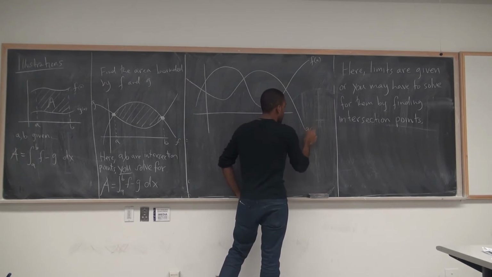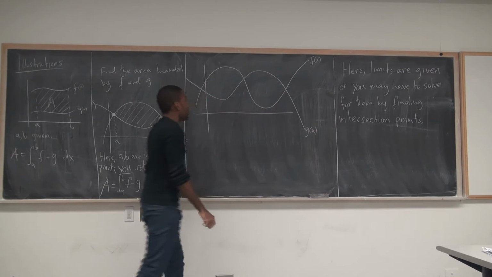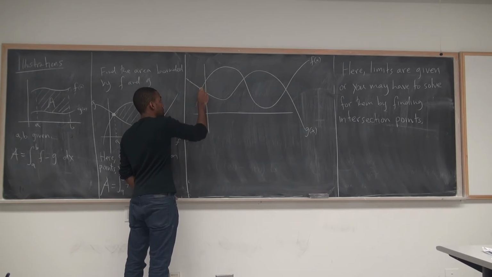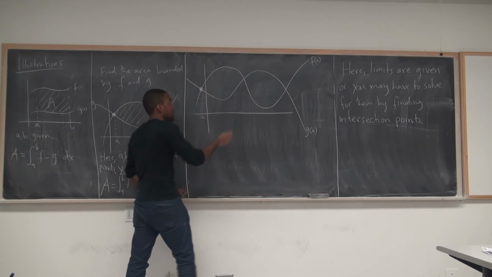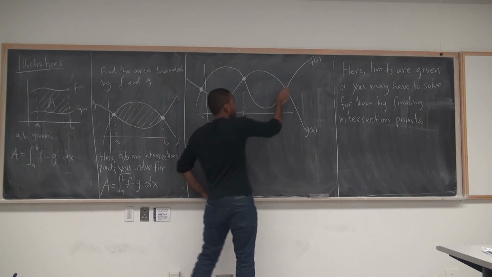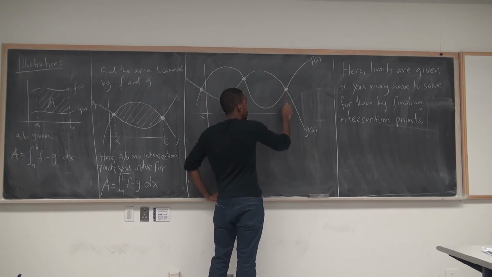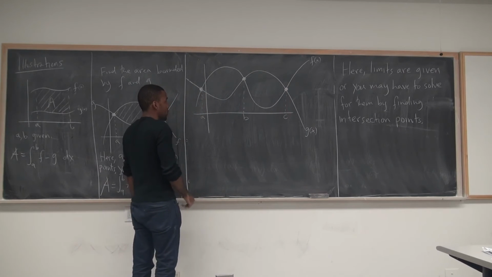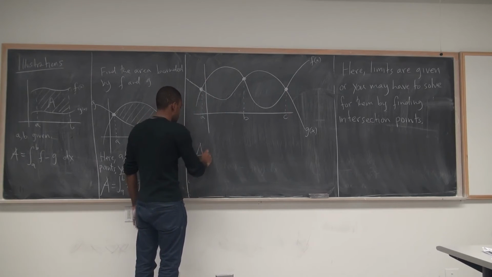This is my g of x. Let's assume we could find the intersection points, right? So the intersection here is A. The intersection here is B. The intersection here is C. I want the area between the curves. What area is that going to be?